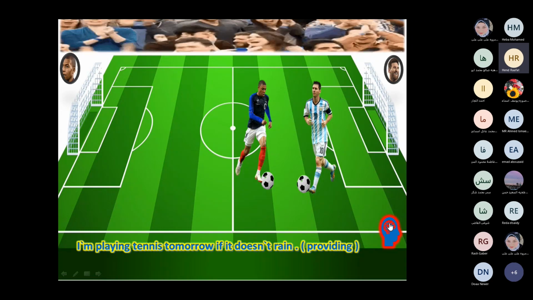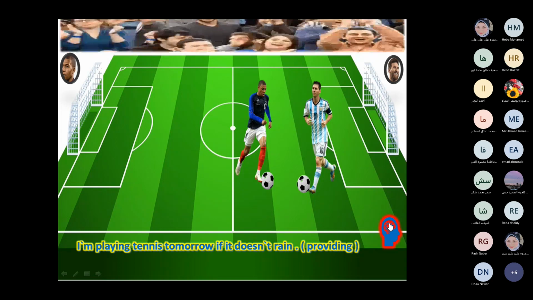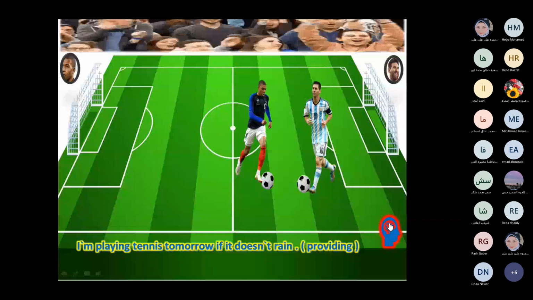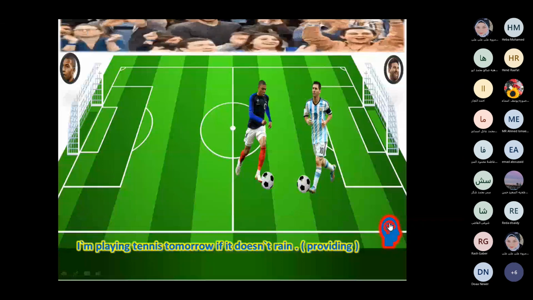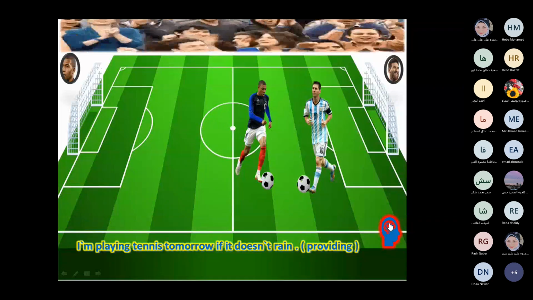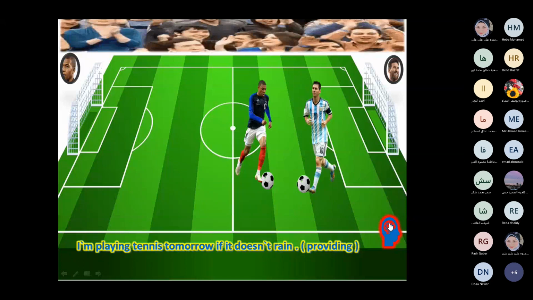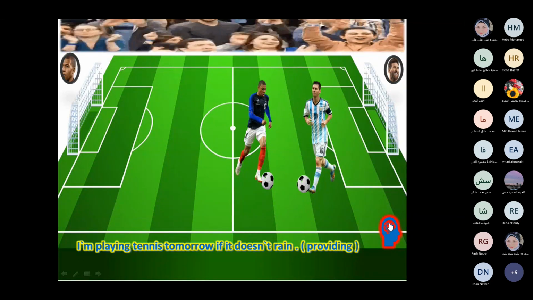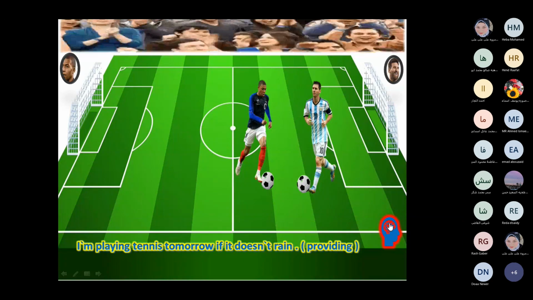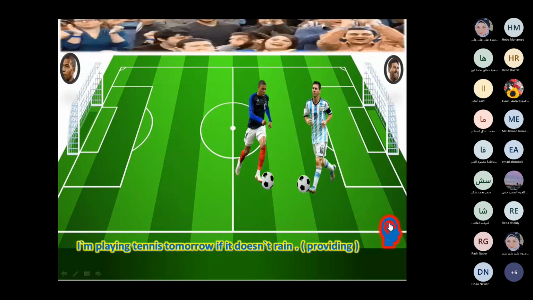providing it doesn't rain. By the way, the verb I'm playing refers to the future. You have studied that the present continuous tense is sometimes used for the future when you have arrangements in advance. So it's not necessary to change it into I'll play, because it's the same meaning.